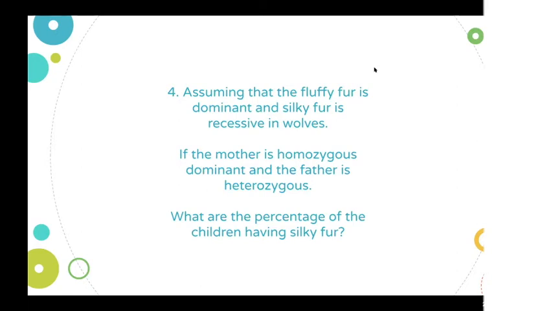This is because the mother is homozygous dominant, and because dominant alleles will cover up recessive alleles when they're paired up together, and there's a dominant allele in every single box, there's 0% chance for the children to have silky fur.